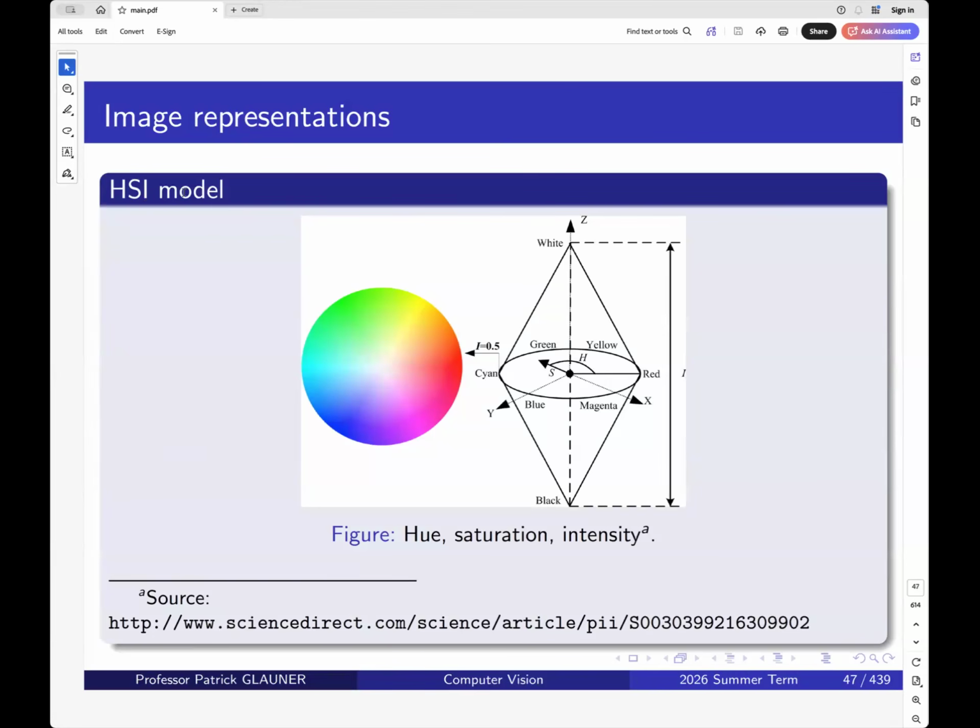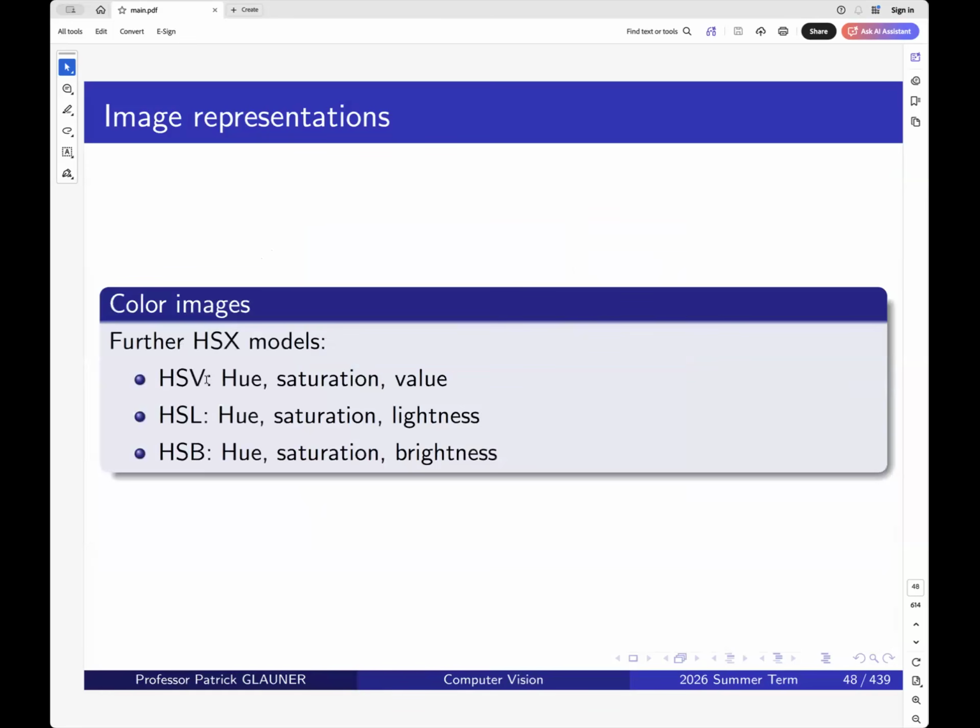Instead of this HSI, there are a lot of variations, and we got about 10 hands raised of students who have seen HSI. In fact, HSI is of a whole family of so-called HSX models, where I may be replaced by V for value, L for lightness, B for brightness. All of these models mean something slightly different.